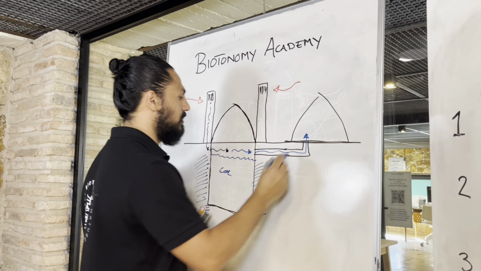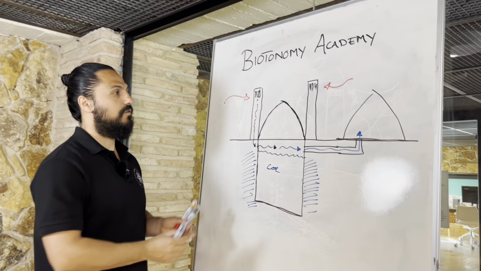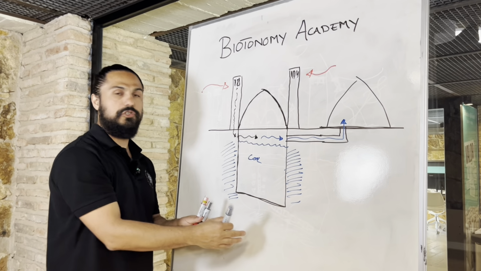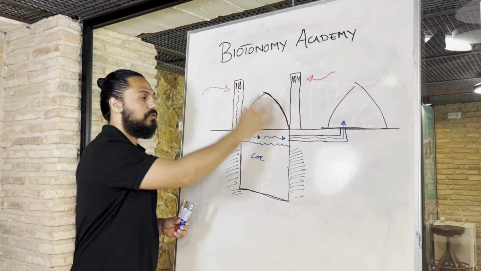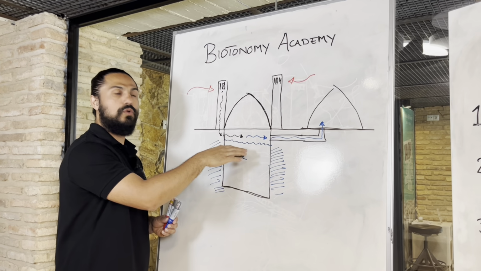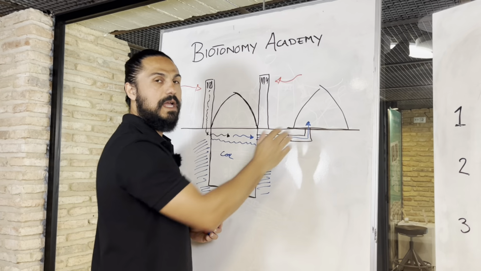What's genius about this is that they've built a water reservoir, which is storing water for the city. And at the same time, they're using the same system to cool the air, to cool their buildings naturally.